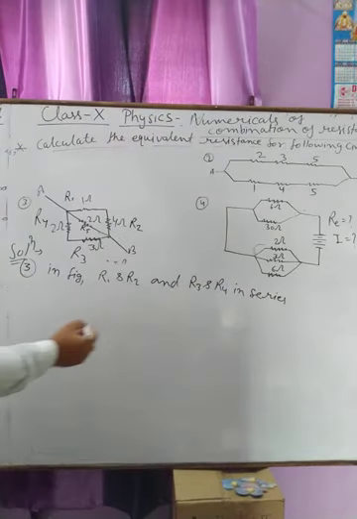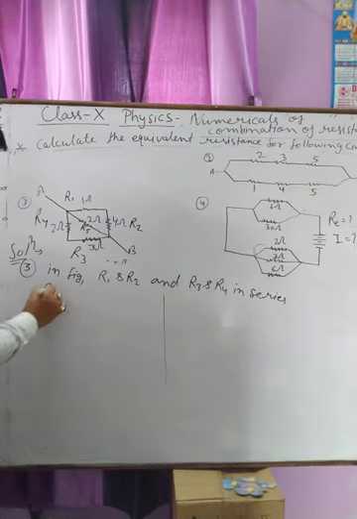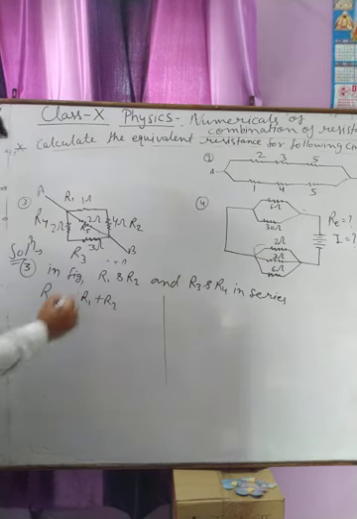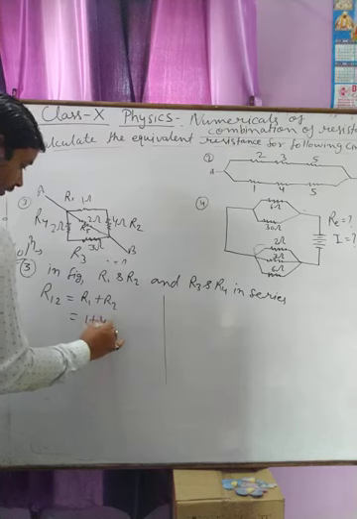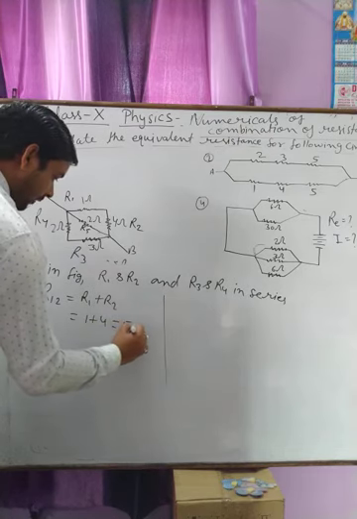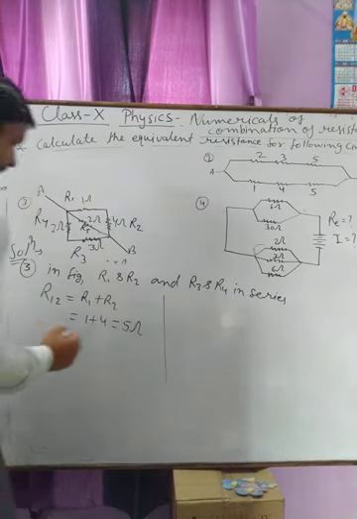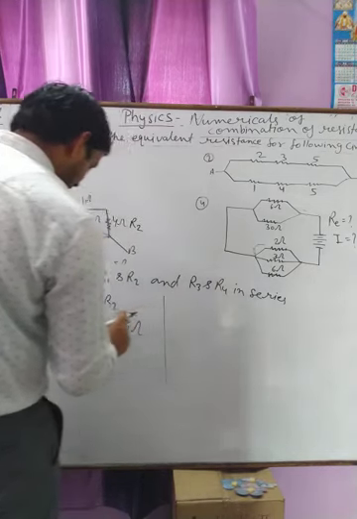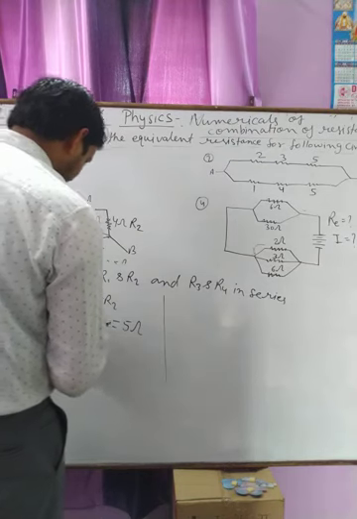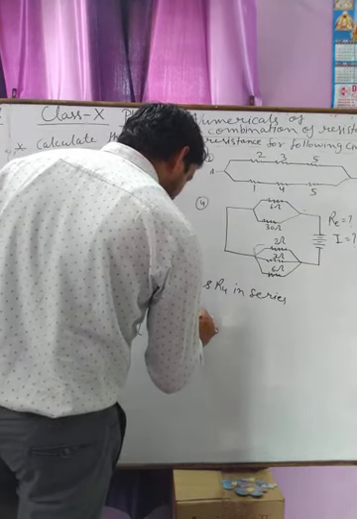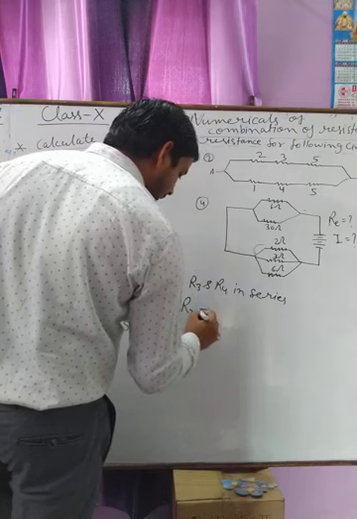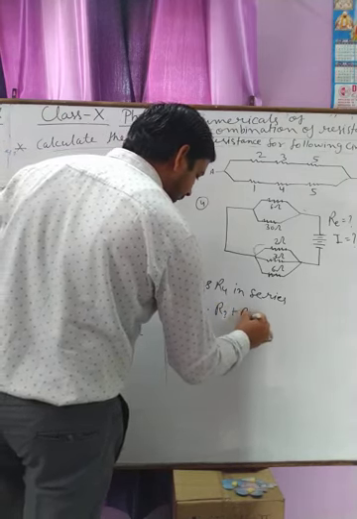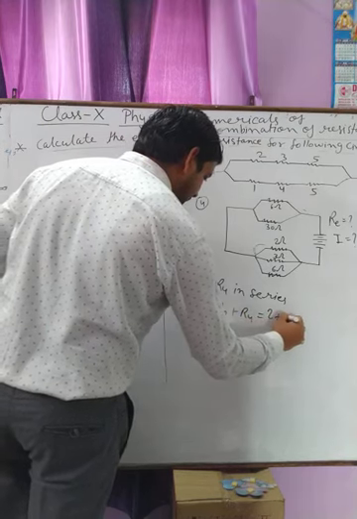Therefore R12 is equal to R1 plus R2, that is 1 plus 4 is 5 ohm, and R34 is equal to R3 plus R4, which is 2 plus 3.